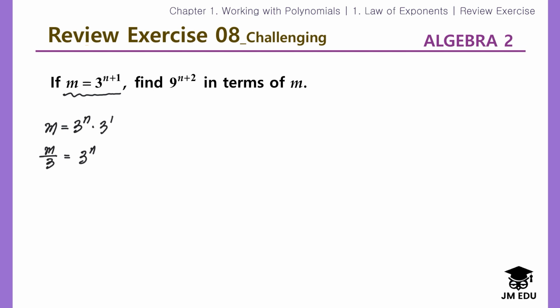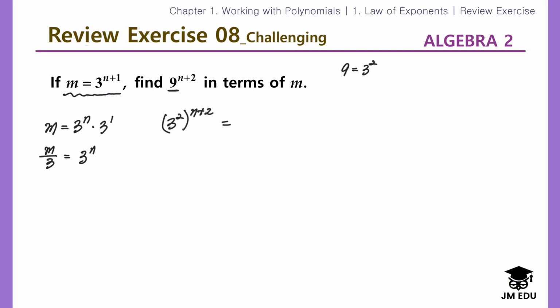Here we have base 9. So I'm going to change this base 9 to base 3. 9 is equal to 3 times 3, 3 squared, right? So that is equal to 3 squared, and all of the expression to the power of n plus 2. And we have to write this expression in terms of m.